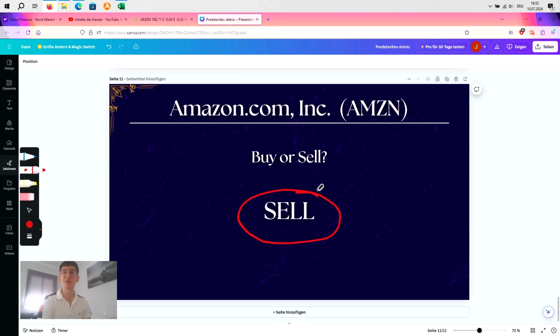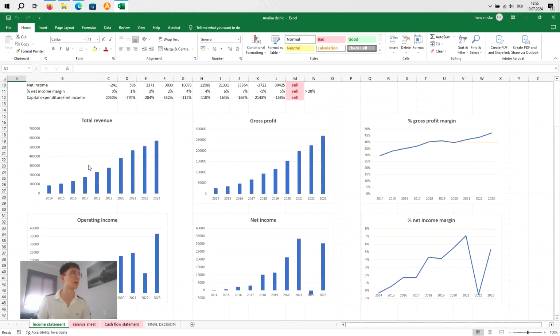Now, if Amazon wouldn't have had that loss in 2022, this is an amazing buy because the company is actually growing. Look, I will show you a more in-depth valuation right now that I prepared. Look, it's growing. Total revenue is growing. Gross profit is growing. Gross profit margin growing. Operating income growing. Net income growing.